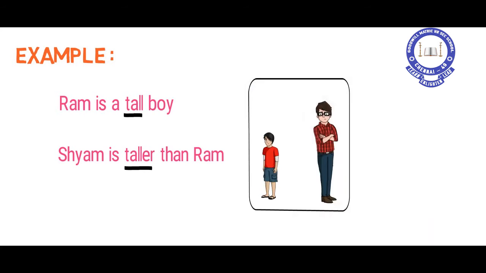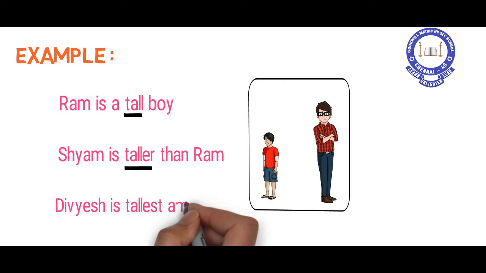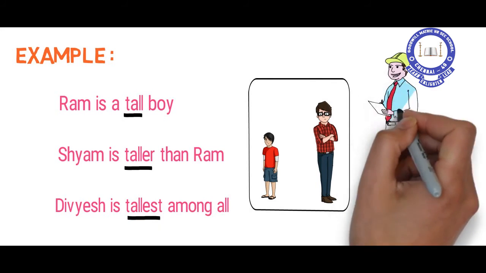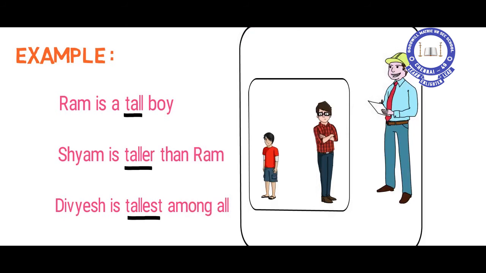And we are comparing 2 persons, Shyam and Ram, that is Ram's height with Shyam's height. And the third example, Divyesh is tallest among all. Here tallest is an adjective and we are comparing 3 persons' height. So it is called superlative degree.